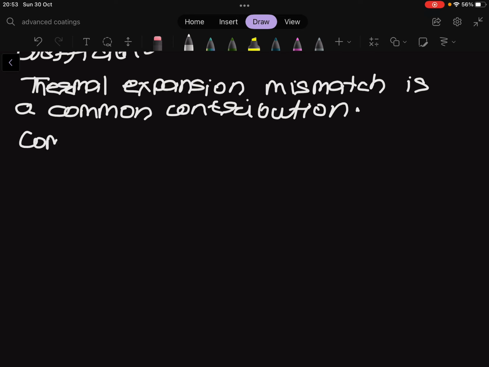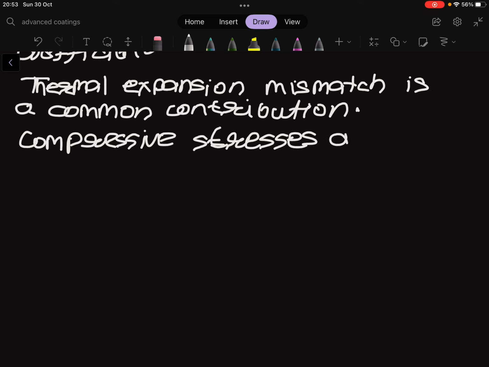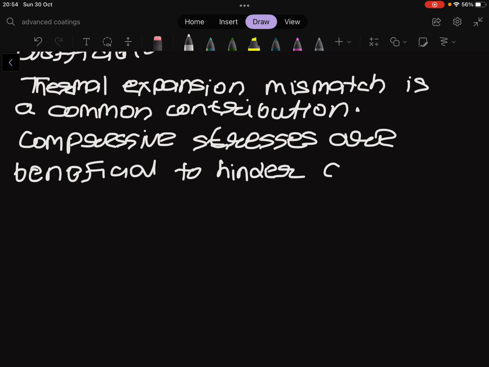Compressive stresses are beneficial to hinder crack propagation, because we have to apply tensile stresses at least larger than the compressive one in order to promote crack growth.